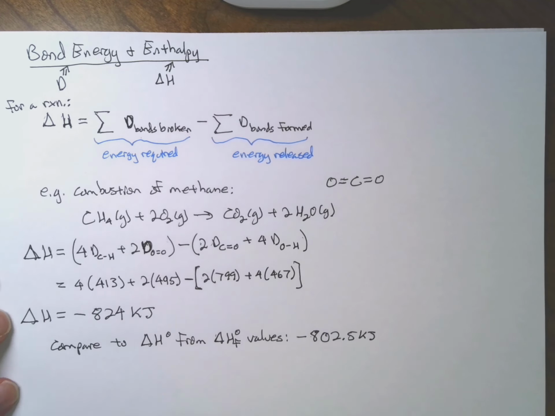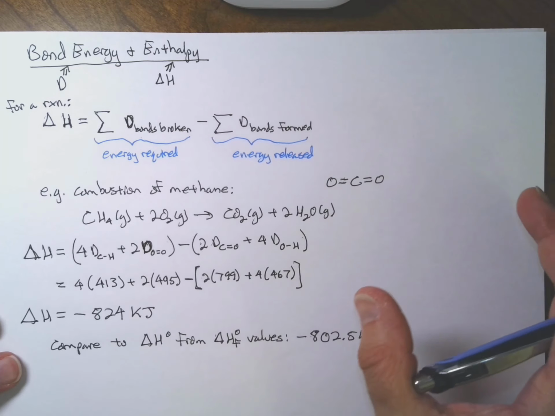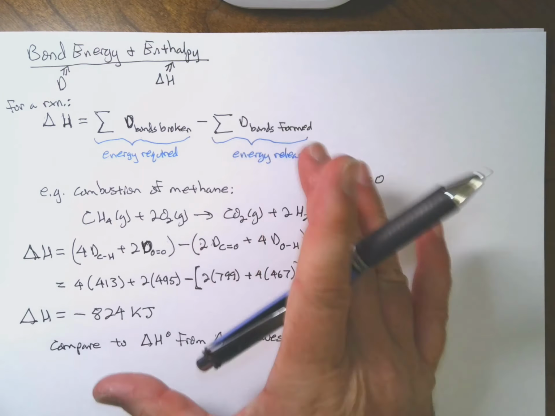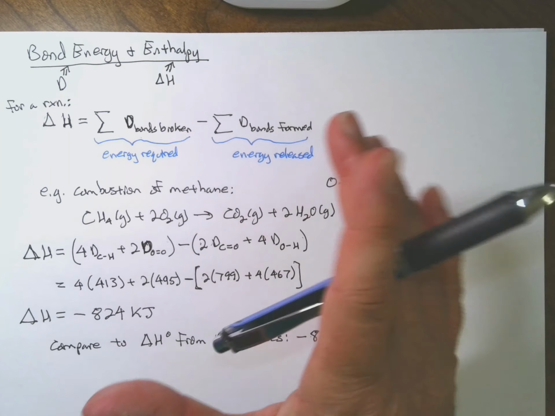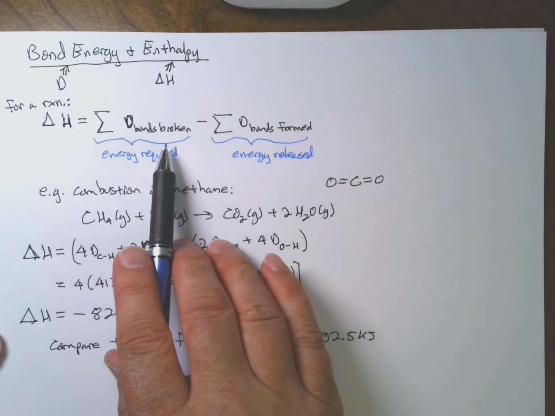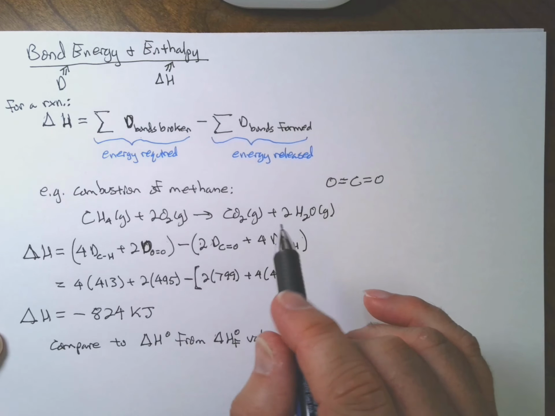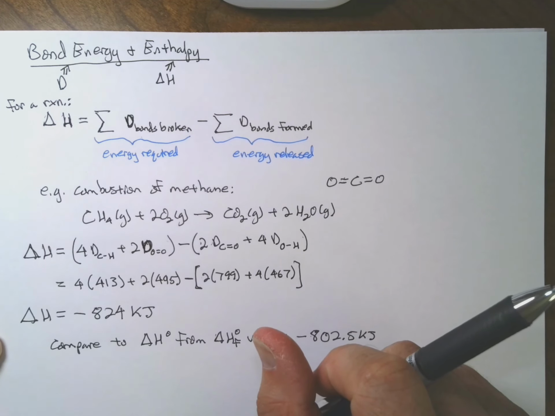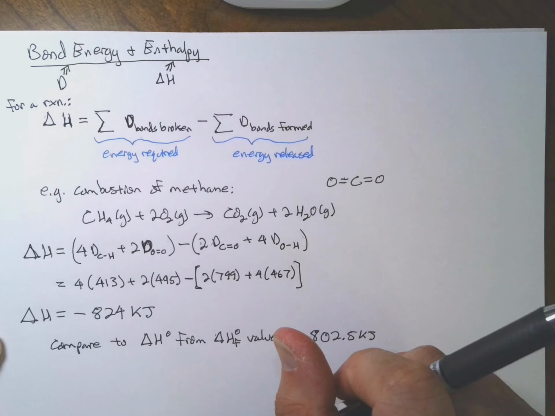So it's not too bad. 10% of 800 would be 80, so we're off by about 20, so it's about a quarter of 10%. We're off by about 2.5%, so that's not too bad. Okay, so this way of evaluating or estimating the delta H for a reaction based on which bonds are broken and which bonds form can be quite effective.